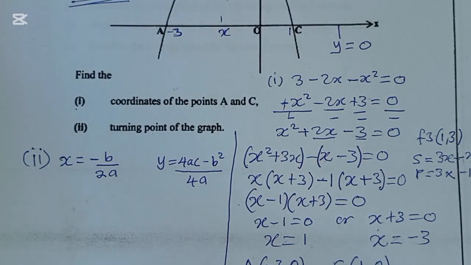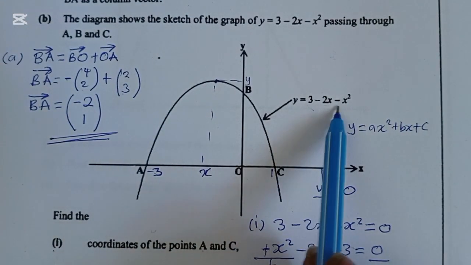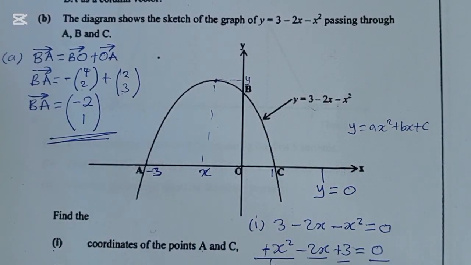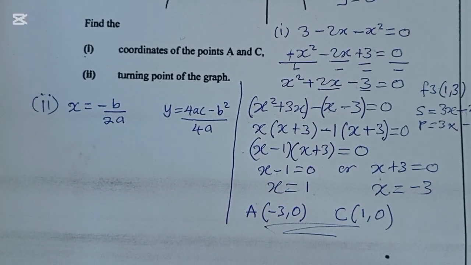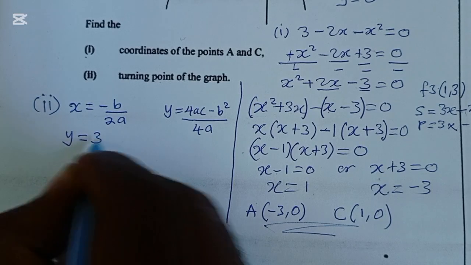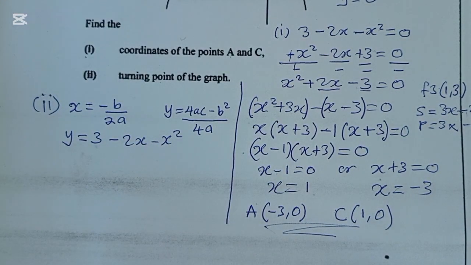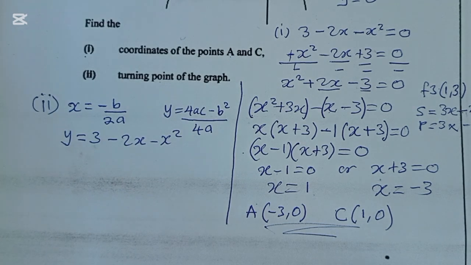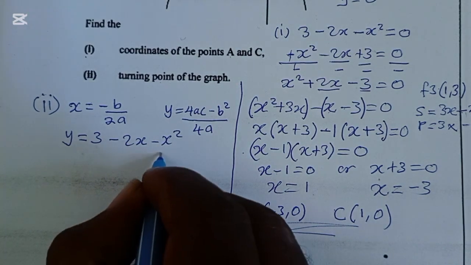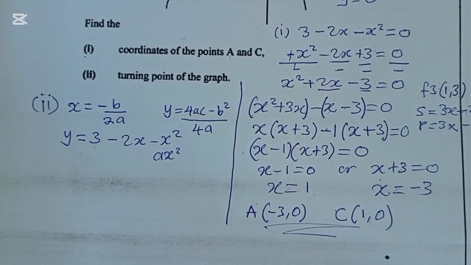So our original equation is this one. So it is y equals 3 minus 2x minus x squared. So remember the quadratic formula. I can say ax squared, I'll pair them.